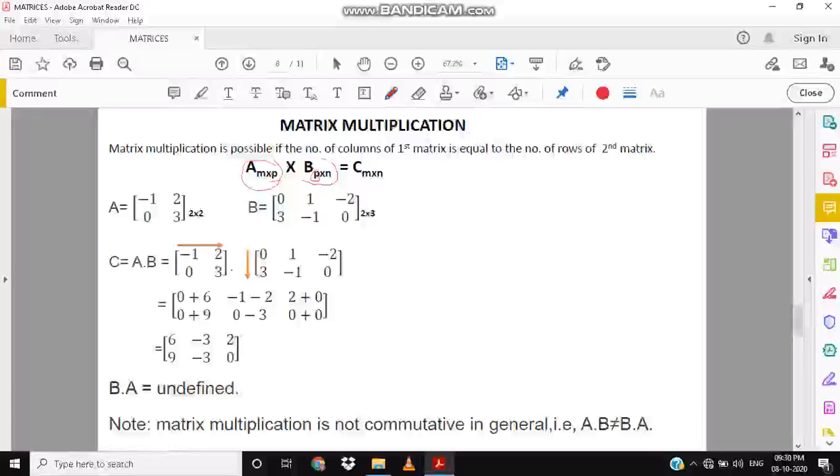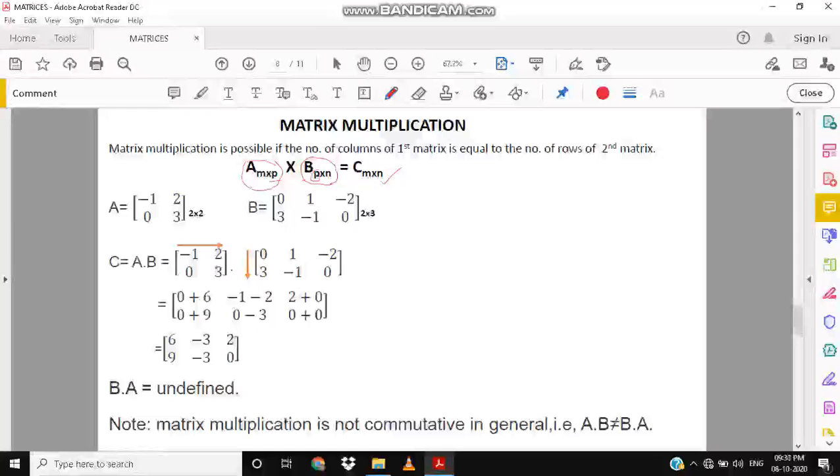You see here the number of columns is P for the first matrix and the number of rows for the second matrix is also P. Both are the same. So only then will this multiplication be possible. This is to be remembered: the number of columns of the first matrix has to be the same as the number of rows for the second matrix.